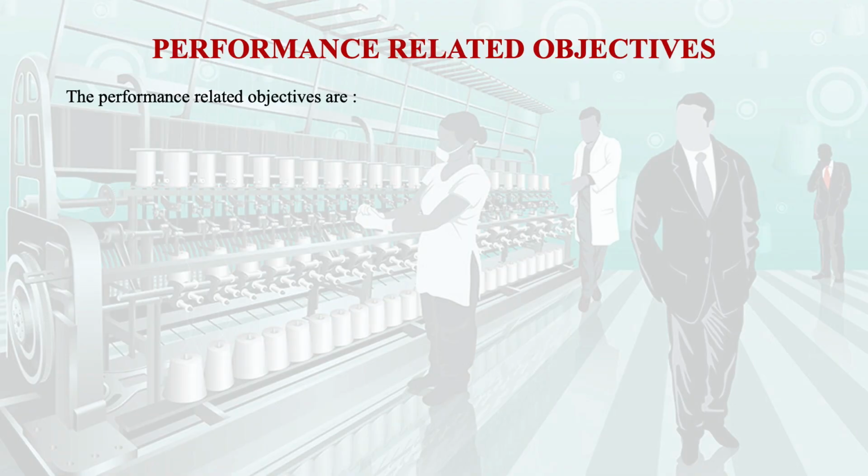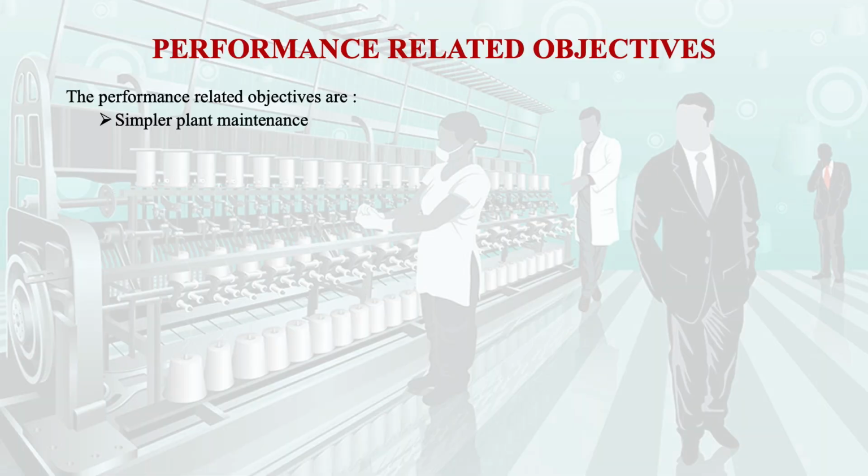The performance related objectives. In that, we should focus on the maintenance part. We have machines, and definitely after a certain period of time, a machine needs maintenance. So our facilities should be arranged in such a way that our plant maintenance is simpler.